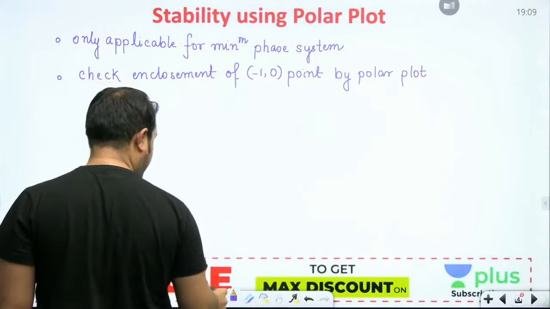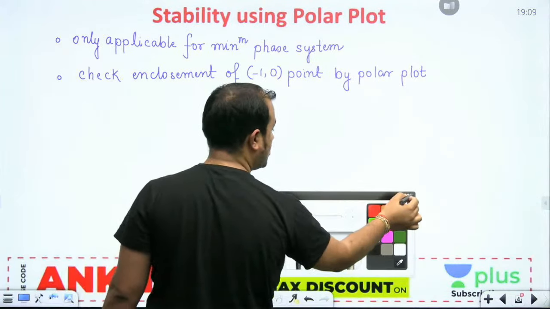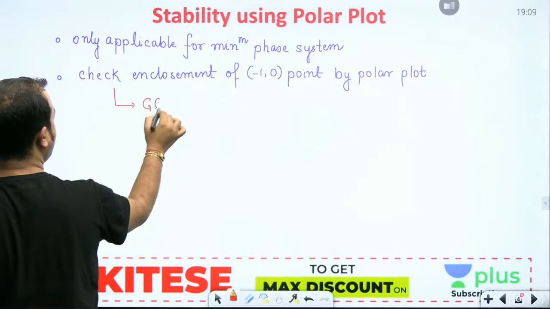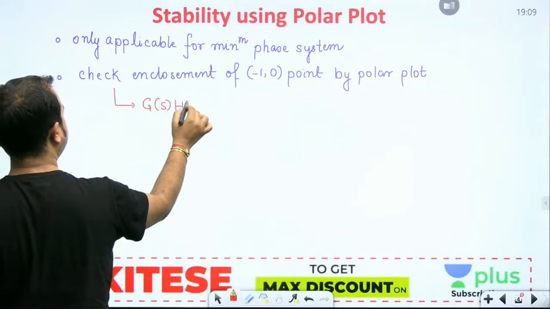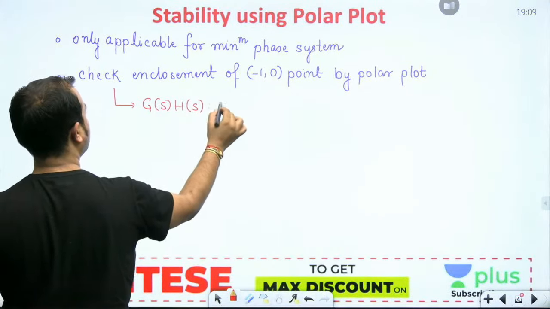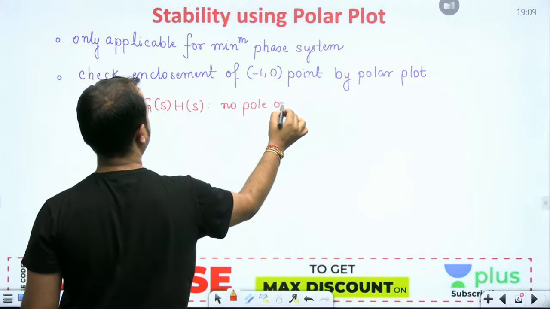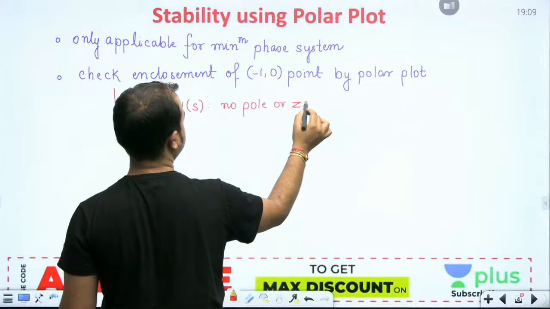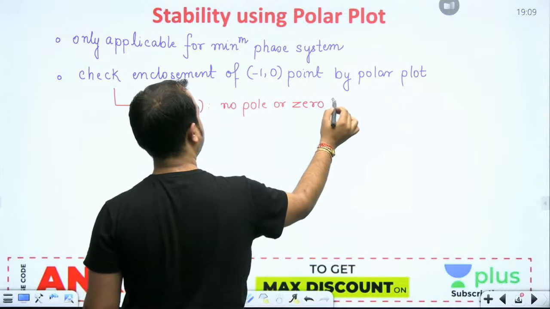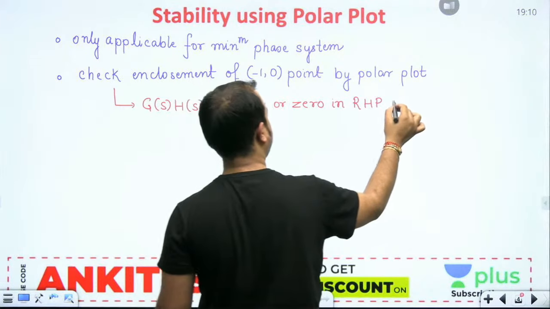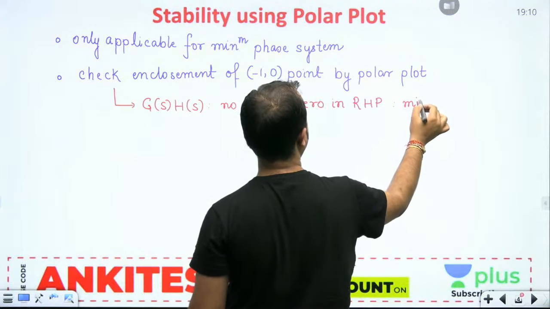So listen to me carefully. G(s)H(s) does not have any pole or zero in right half plane. So that is minimum phase.